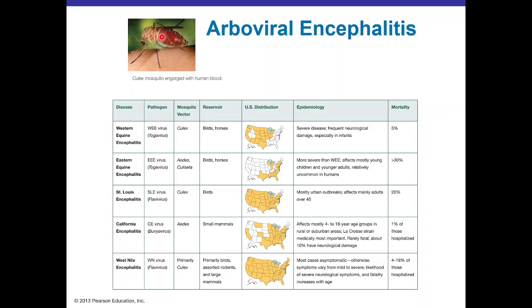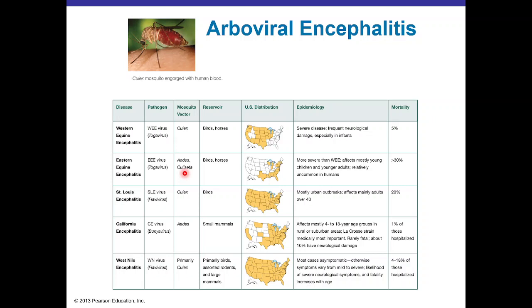And these viruses replicate within these arthropods, either in the salivary gland or in the gut. Most of these viruses are transmitted by the Culex mosquito, but others can be transmitted by Aedes species or by Culicoides.